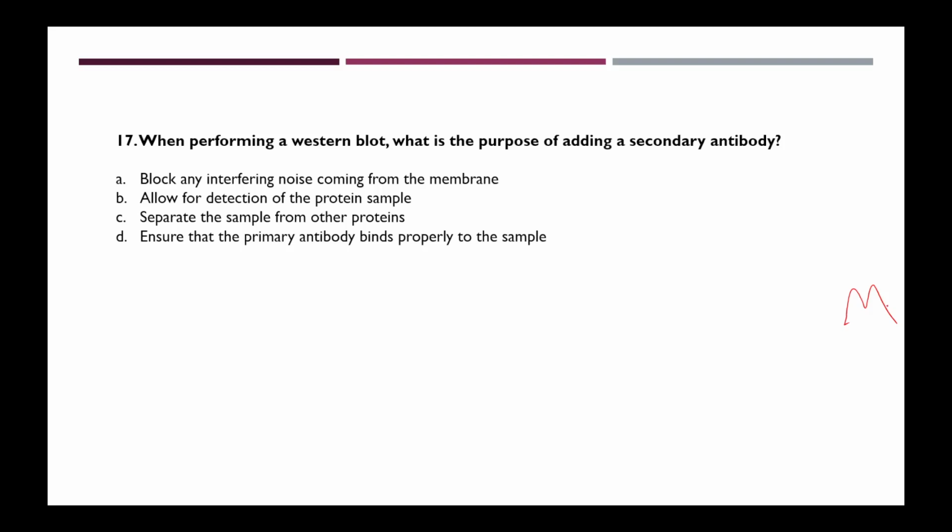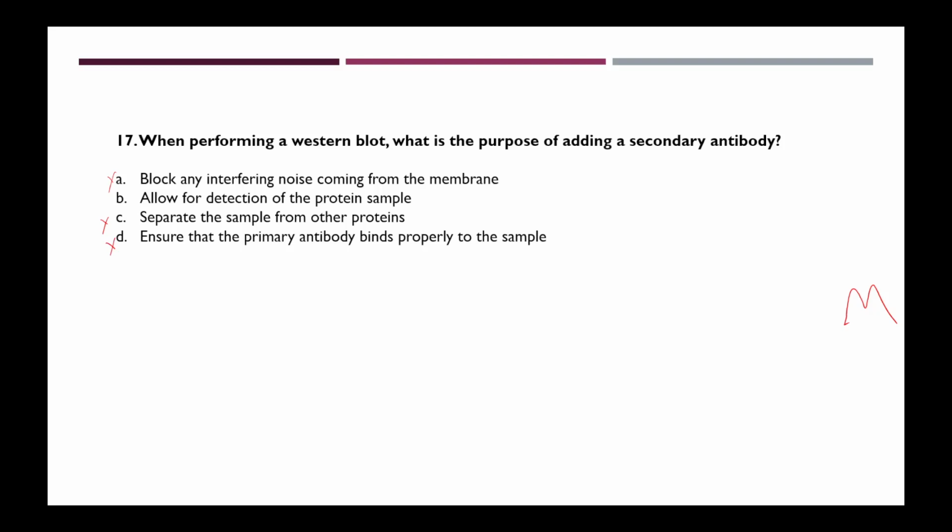Mm, okay. Block any interfering noise coming from the membrane. No, this is not the function of the secondary antibody. Allow for detection of protein sample. Separate the sample from other protein. No. Ensure that the primary antibody binds properly to the sample. No, not this option.